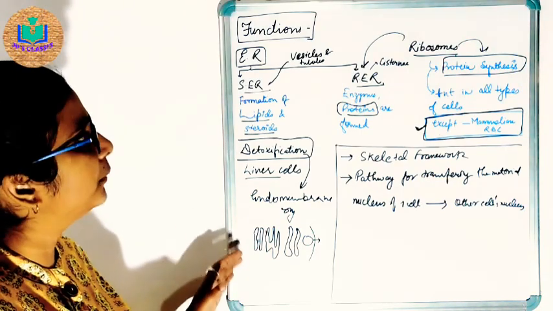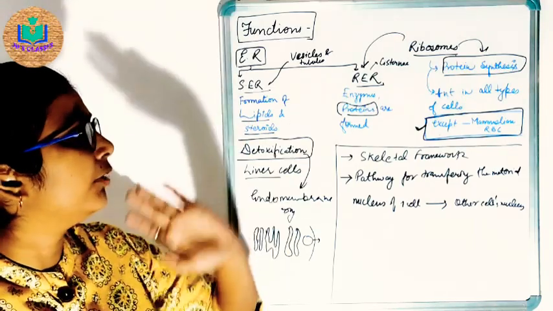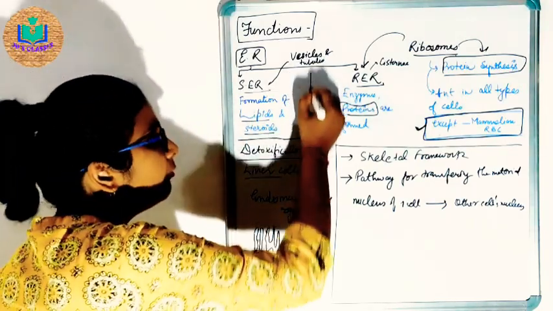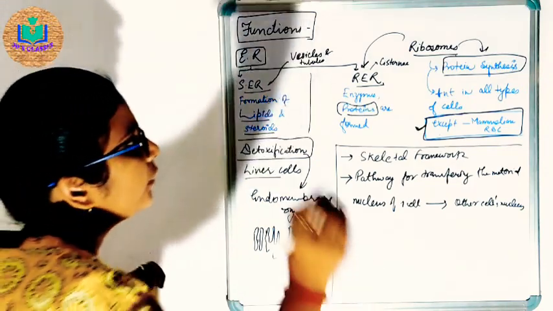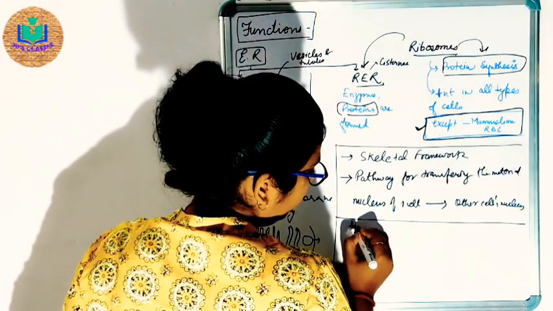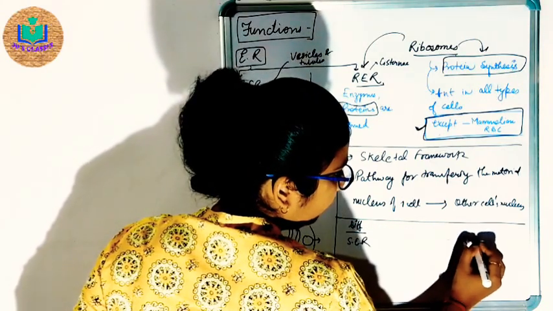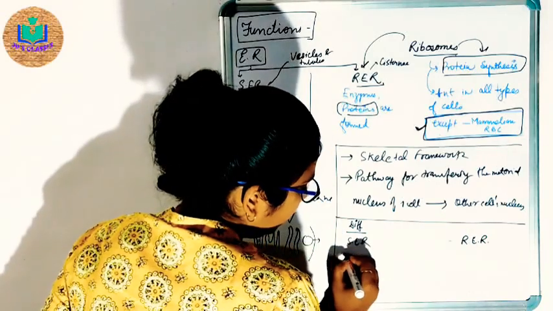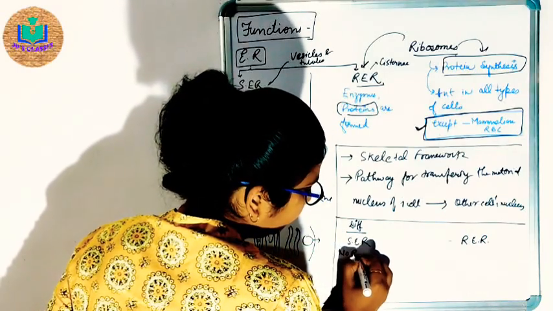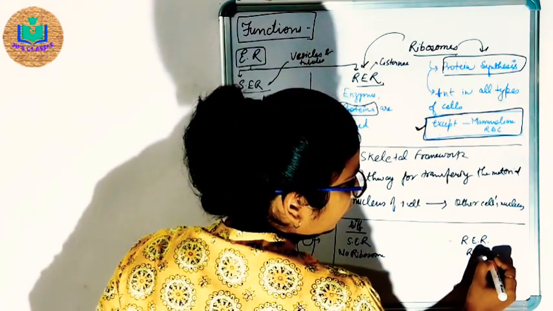So these are the basic differences between the smooth endoplasmic reticulum and the rough endoplasmic reticulum on the basis of their function. On the basis of their structure, the smooth endoplasmic reticulum has no ribosomes and the rough endoplasmic reticulum has ribosomes.